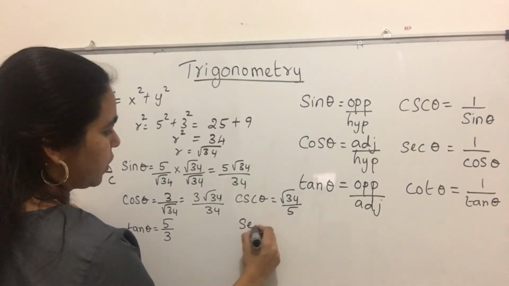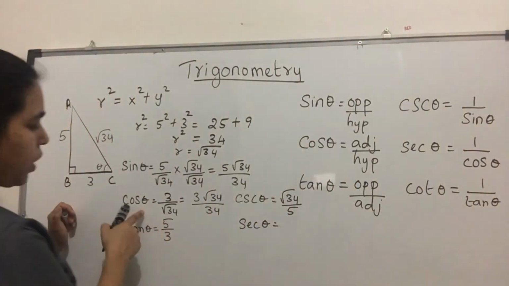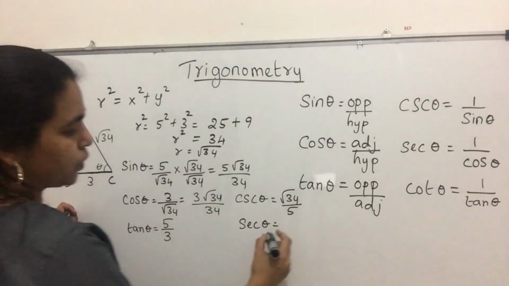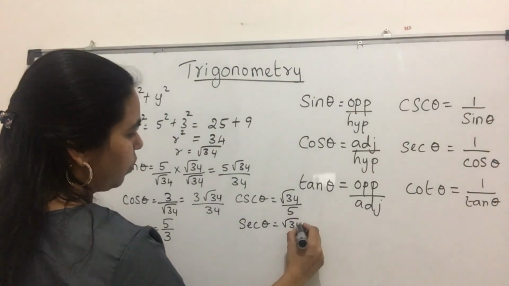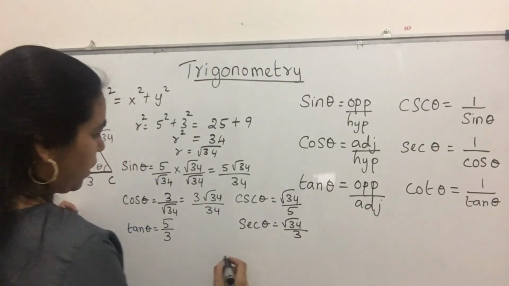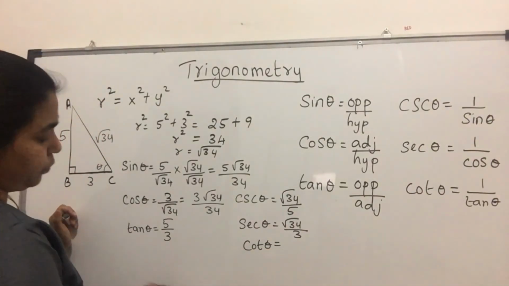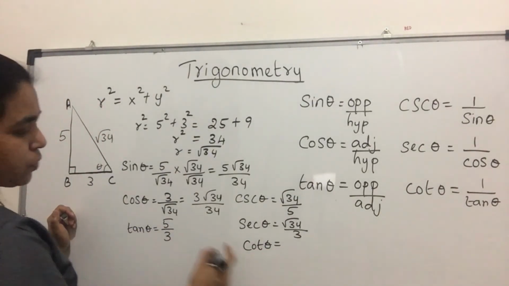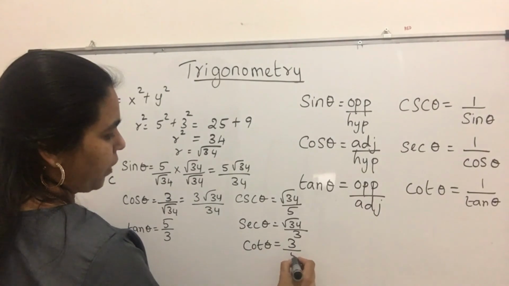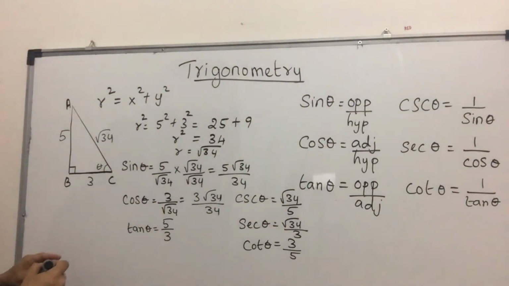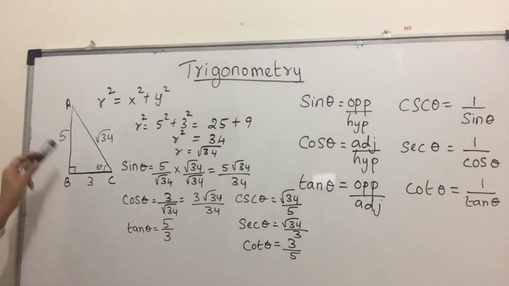Secant theta is equal to 1 over cos, so you flip this number, which is radical 34 over 3. And cot theta, you just flip this one, so 3 over 5. This is how you can write the trigonometric functions if one side is missing.